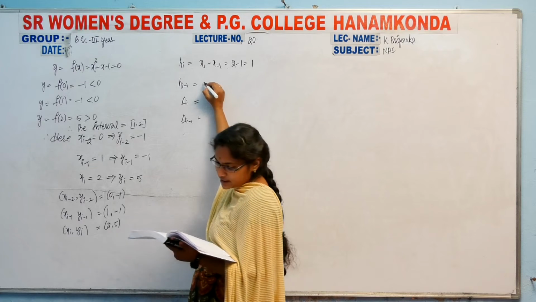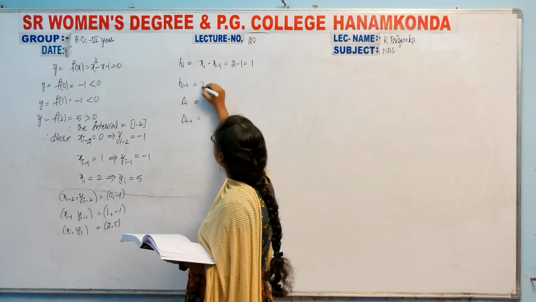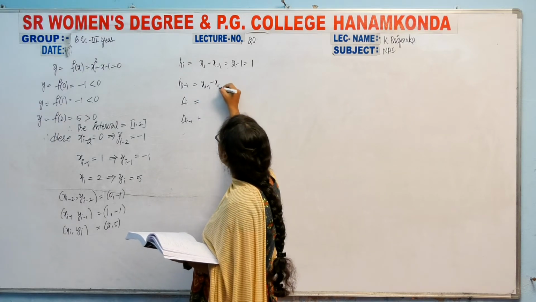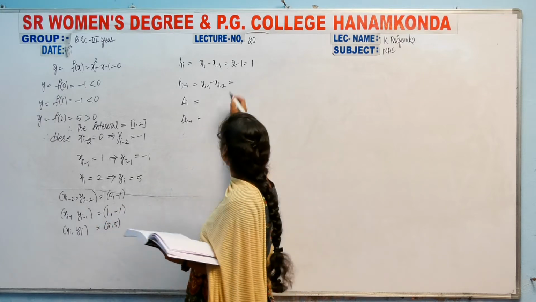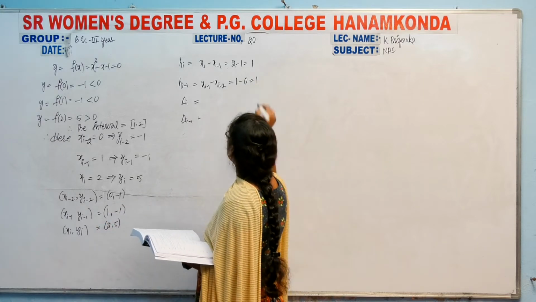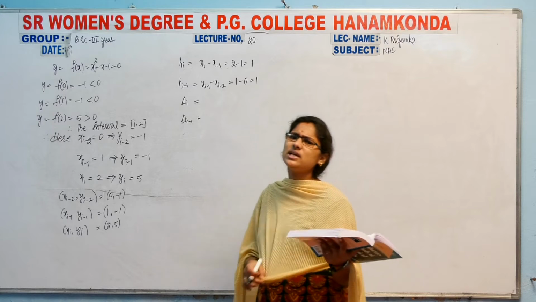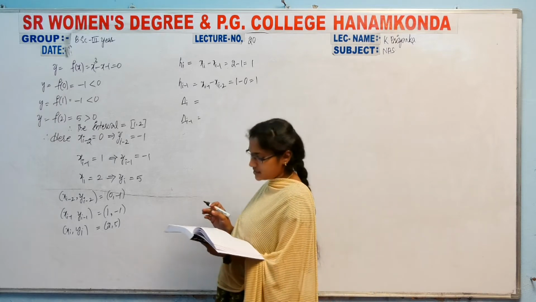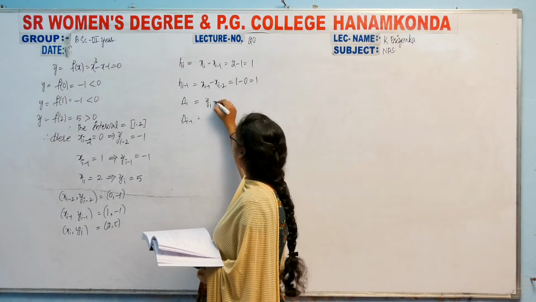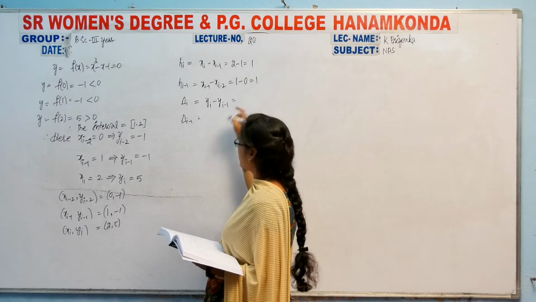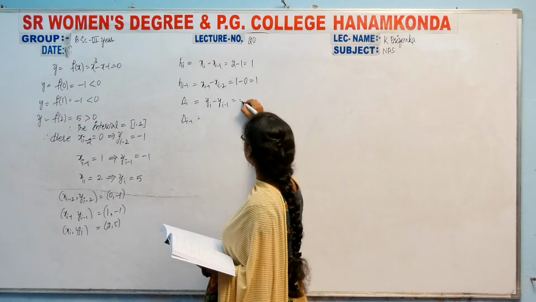Next, hi minus 1 is again xi minus 1 minus xi minus 2. Xi minus 1 value is 1 minus 0, which is nothing but 1. The meaning of this one is interval length. Next, delta I, I gave the formula for this one: yi minus yi minus 1. What is yi? 5.